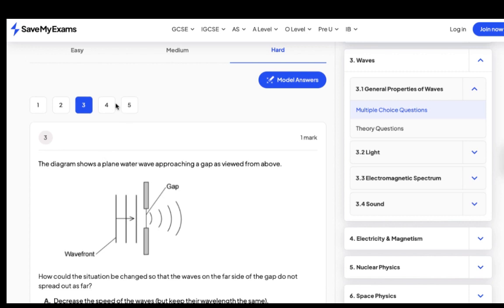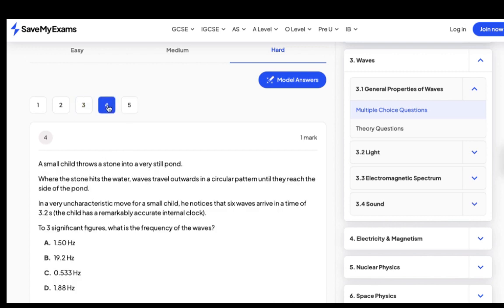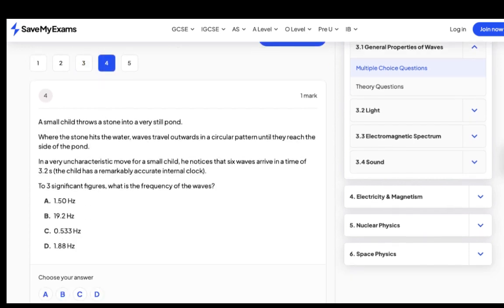Now we move on to the fourth question, the hard side. I think here also is about calculation. A small child throws a stone into a very still pond. Where the stone hits the water, the waves travel outwards in a circular pattern until they reach the size of the pond.